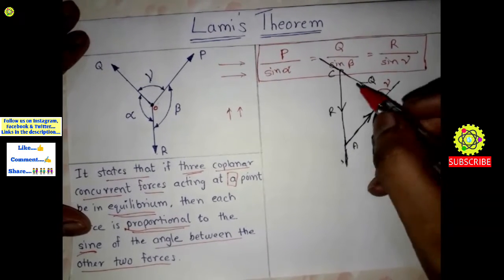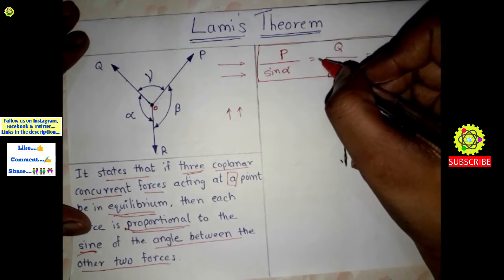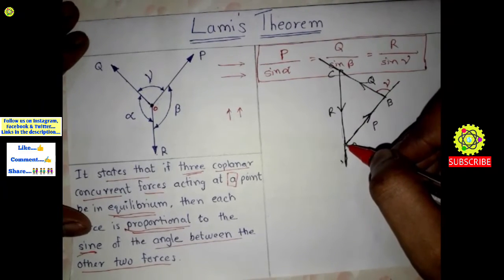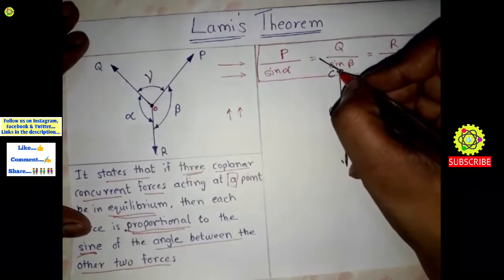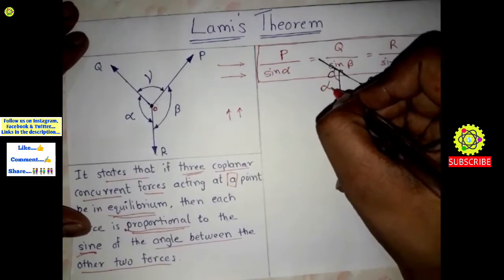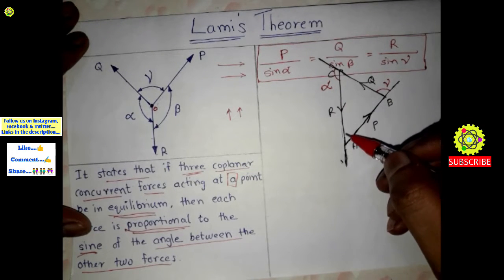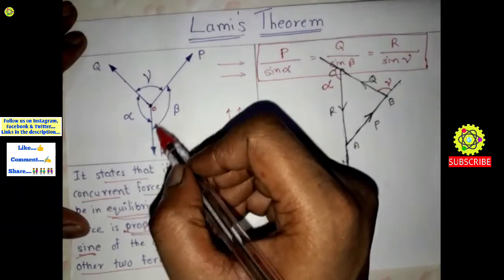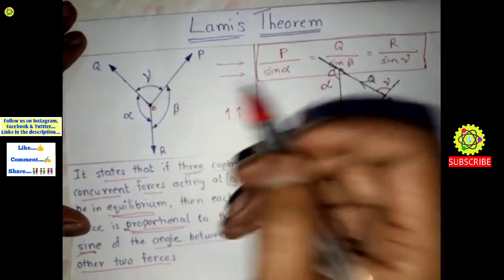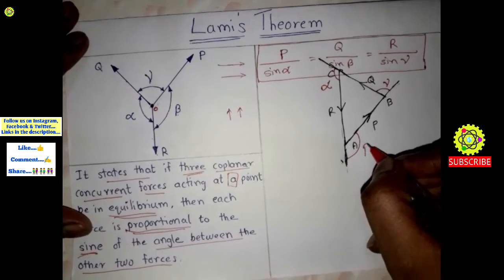Now next is this Q force extended here, and this is the R force, and the angle between Q and R is alpha, so here this angle will be alpha. Now further, this is the force R and this is the force P. As you can see, between P and R the angle is beta, so here this angle is beta.